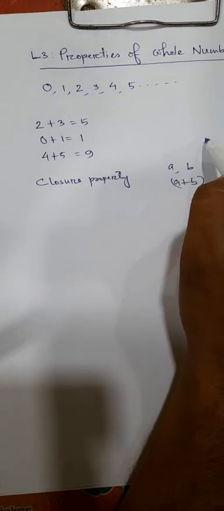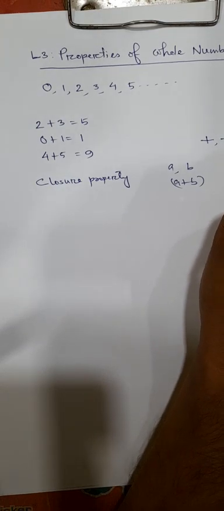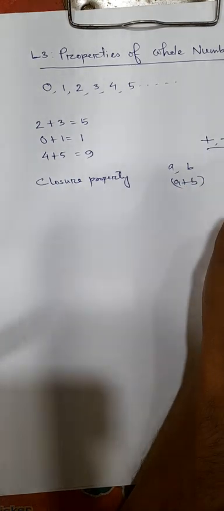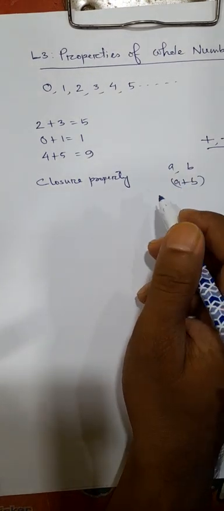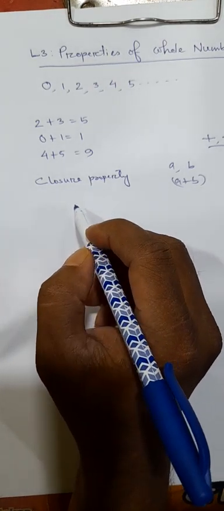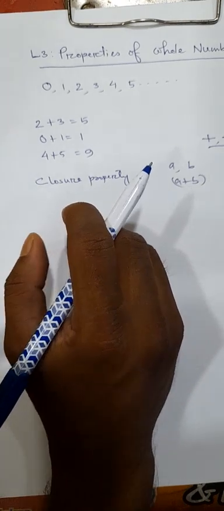Operations like addition, subtraction, multiplication, division are called algebraic operations. Whole numbers are closed with respect to addition, which means the sum of any two whole numbers is again a whole number. This is called closure property.